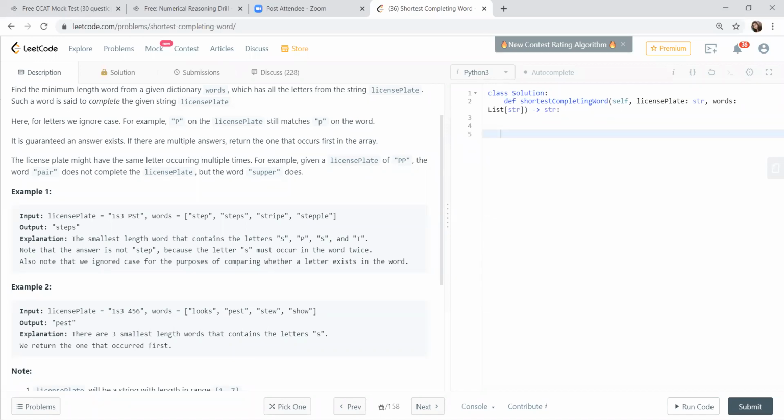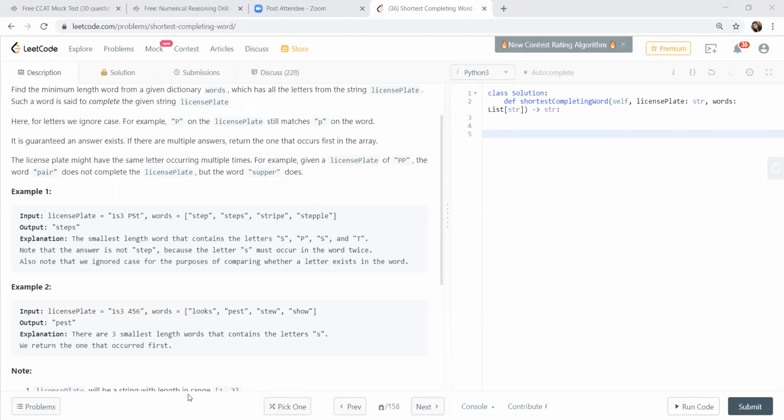The brute force would be to sort the words by length, and then compare one to one from left to right to see if the number of character count is met. So we sort, so we guarantee that the first... Oh no, wait.